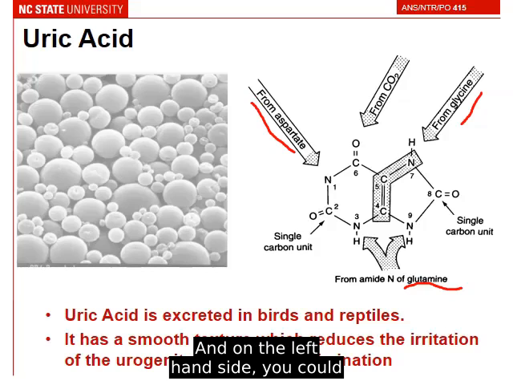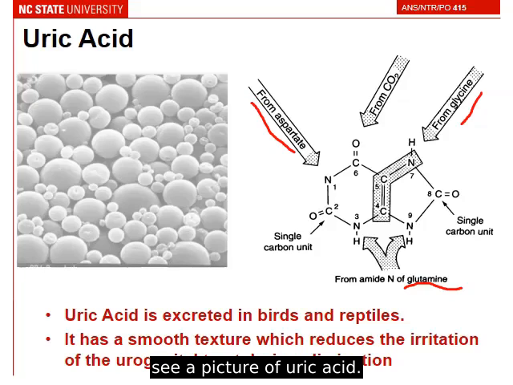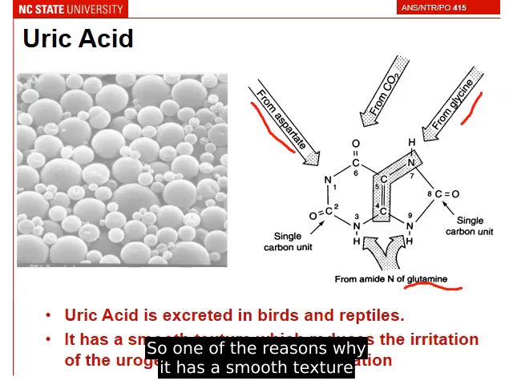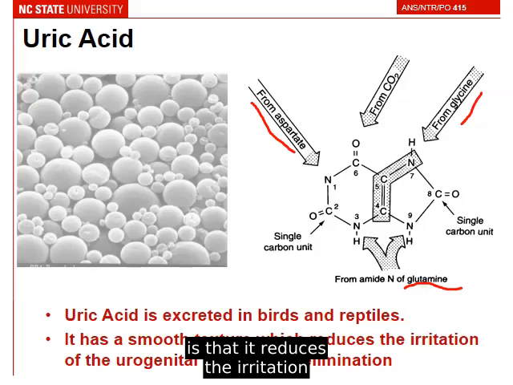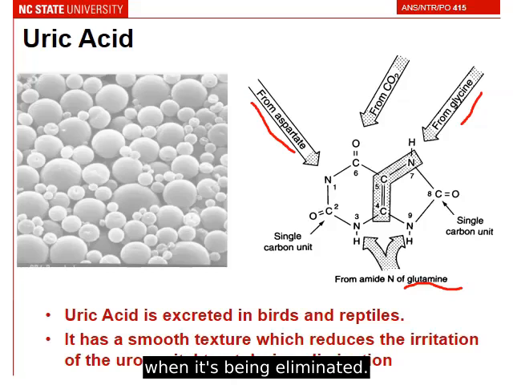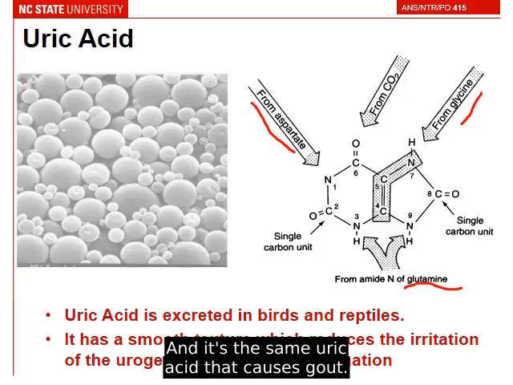And on the left-hand side, you can see a picture of uric acid, and you can see that it has a very smooth texture. One of the reasons it has a smooth texture is that it reduces the irritation as it's going through the urogenital tract when it's being eliminated. It's the same uric acid that causes gout.